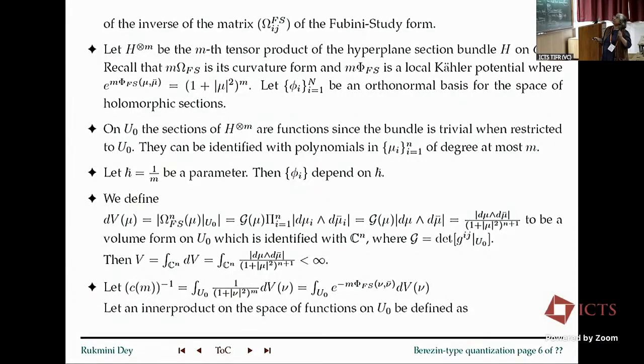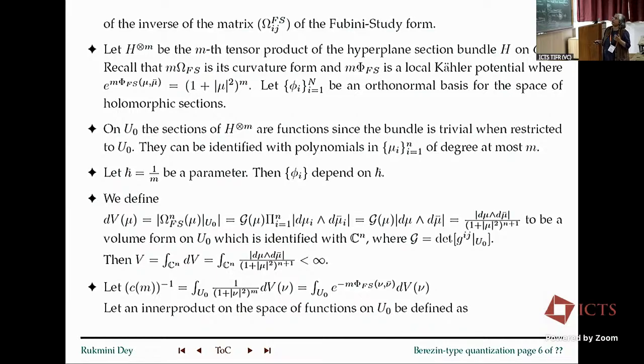The homogeneous polynomials of degree m are the sections, but we want to write it locally. So here these are inhomogeneous coordinates. I take the mth tensor power of the hyperplane bundle, and the sections can be identified with polynomials in mu_i, i from 1 to n, of degree at most m.